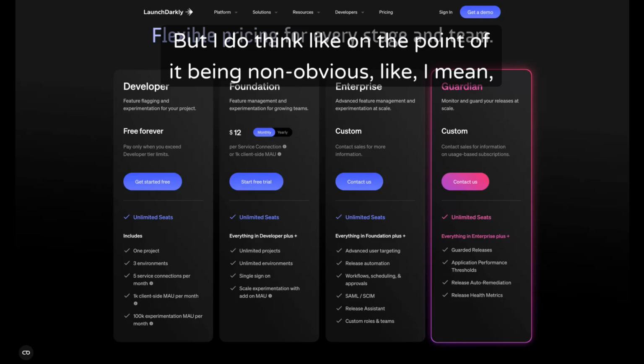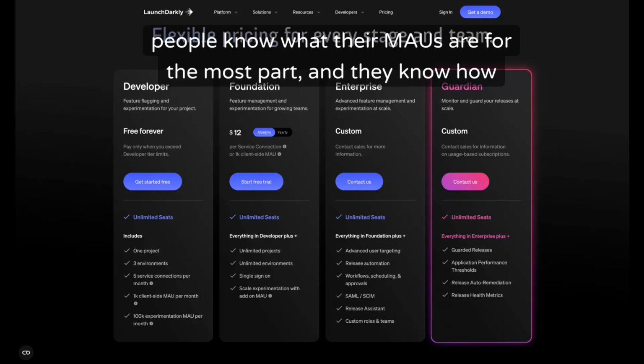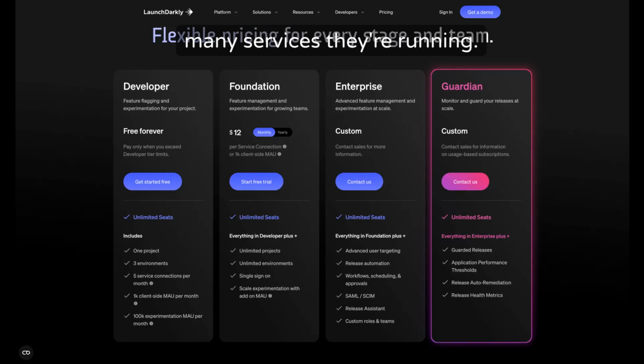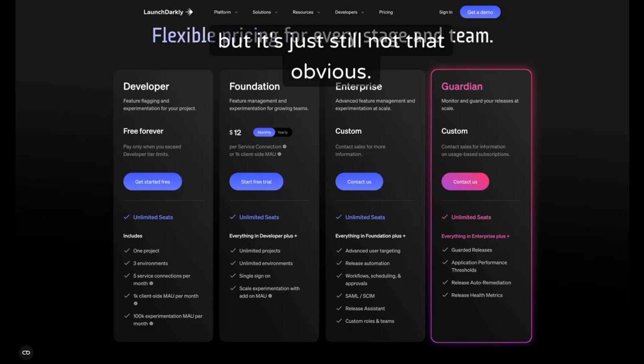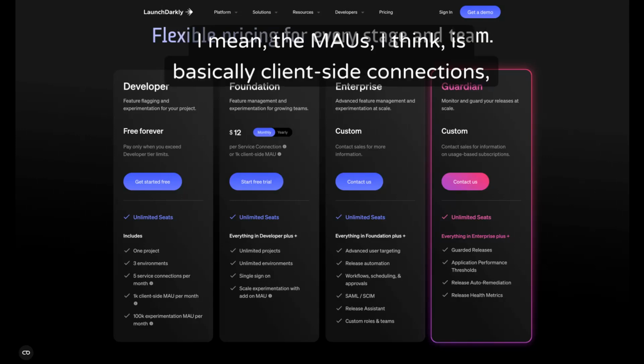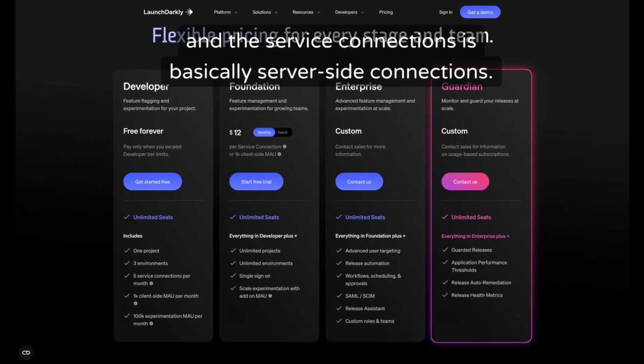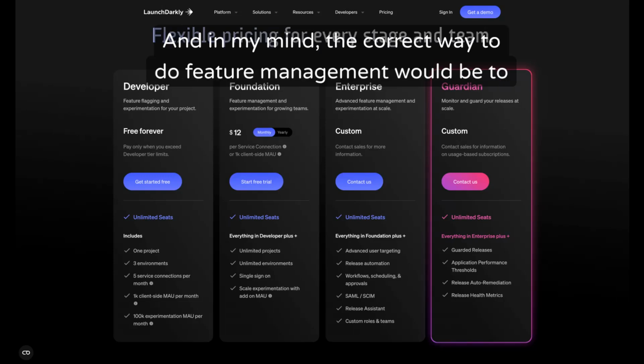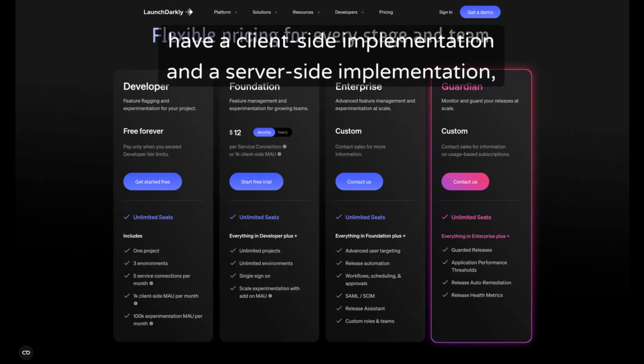But I do think, on the point of it being non-obvious, people know what their MAUs are for the most part, and they know how many services they're running, but it's just still not that obvious. I think the MAUs are basically client side connections, and the service connections are basically server side connections. And in my mind, the correct way to do feature management would be to have a client side implementation and a server side implementation, kind of like permissions.